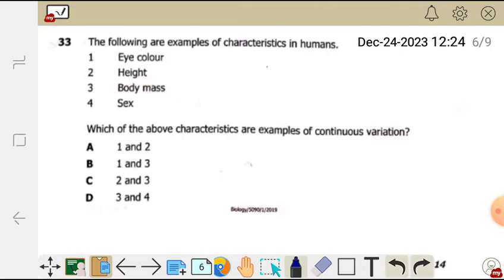It's not grouped into two. And body mass also, it's not categorical, it's not grouped into two groups, but you can have any number as your body mass. That's why it is continuous. So the correct answer is 2 and 3, which is C. Question 33, the correct answer is C.